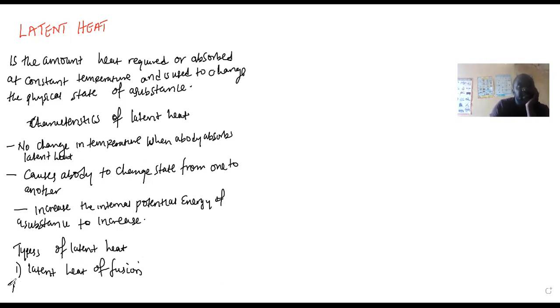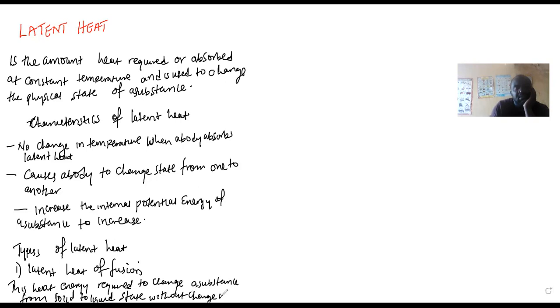So you can say this is the amount of heat energy required to change a substance from liquid state or from solid to liquid state without change in temperature.